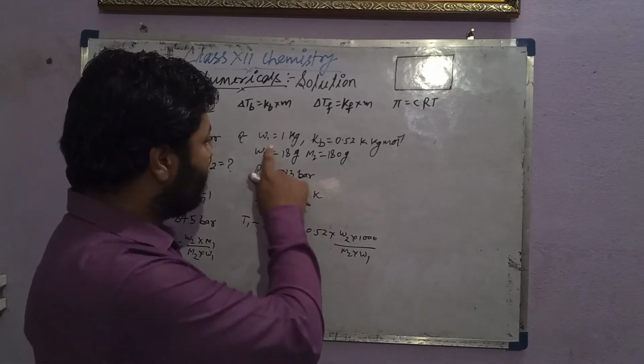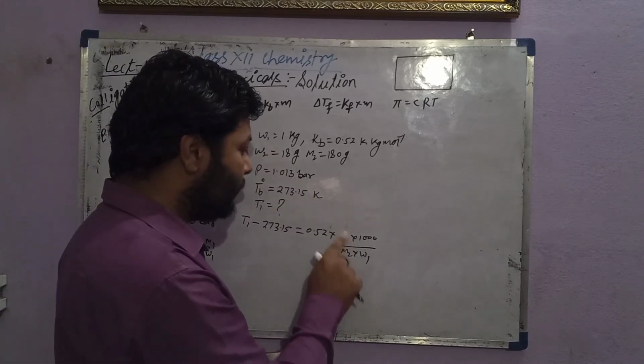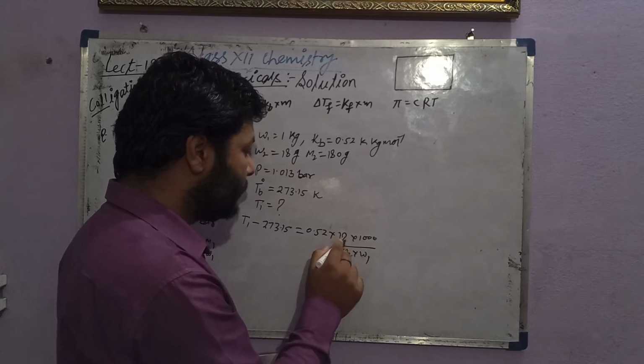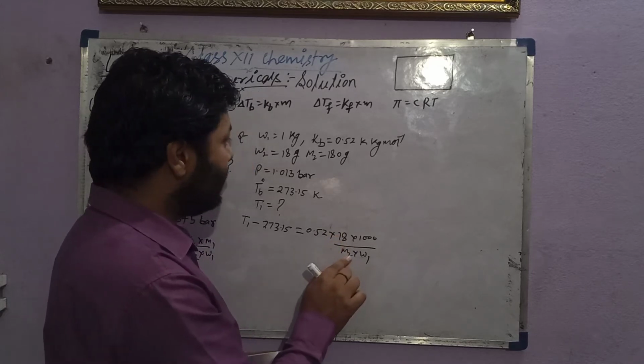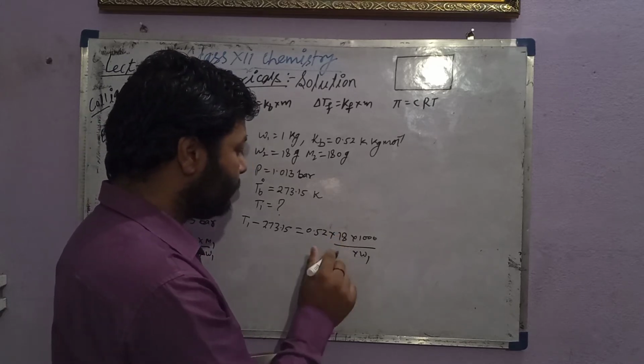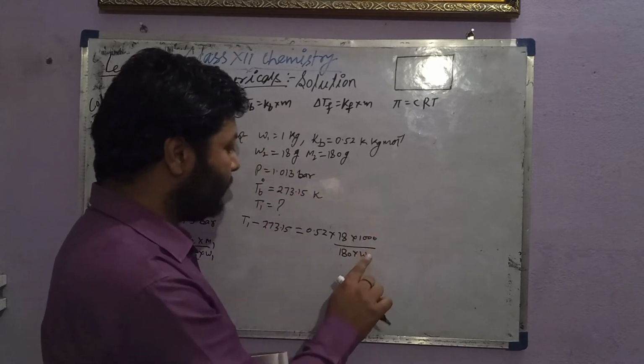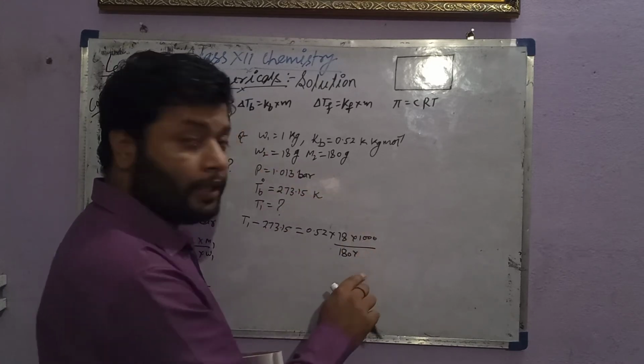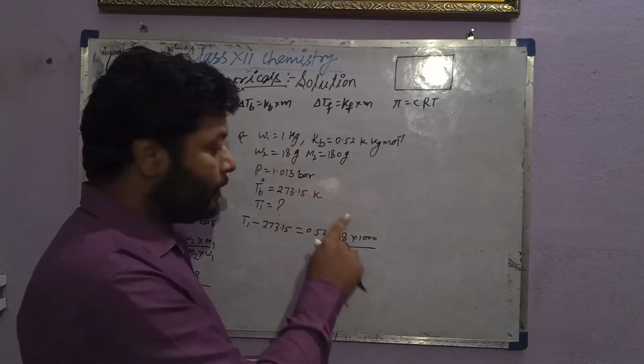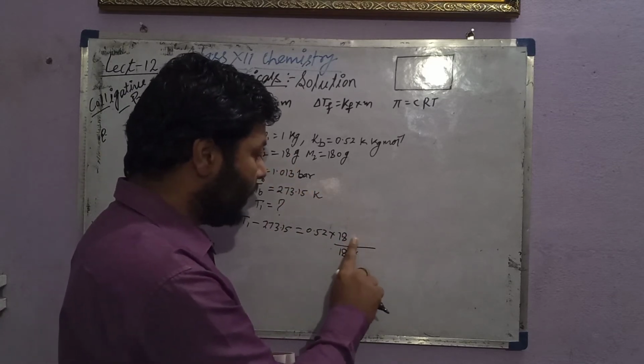So W2 is given here as 18 gram. So that value will be 18. M2 is also given, I think 180. W1 is also given, 1 kilogram. If 1 kilogram is given, then 1000 is not required.